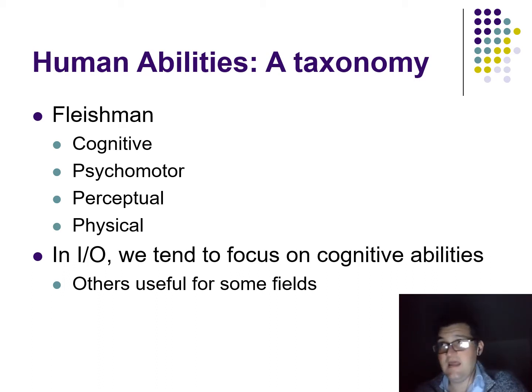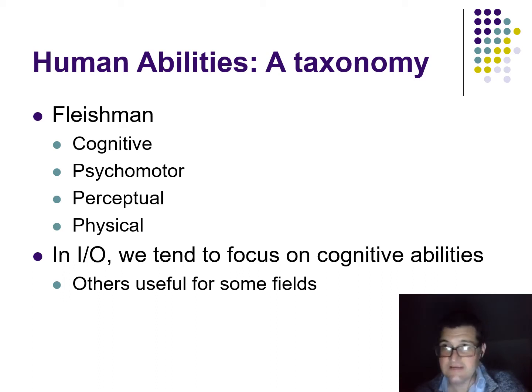So I wear very strong glasses. In terms of perceptual abilities, my eyesight is pretty poor, but I tend to have better than average sense of smell and pretty keen hearing as well. And physical abilities, typically we're talking about things like strength, speed, explosive quickness, those sorts of things.